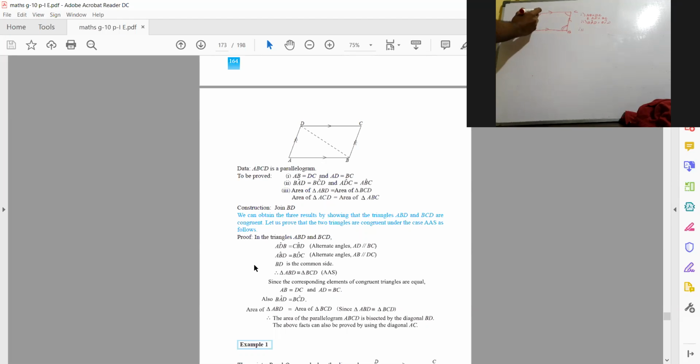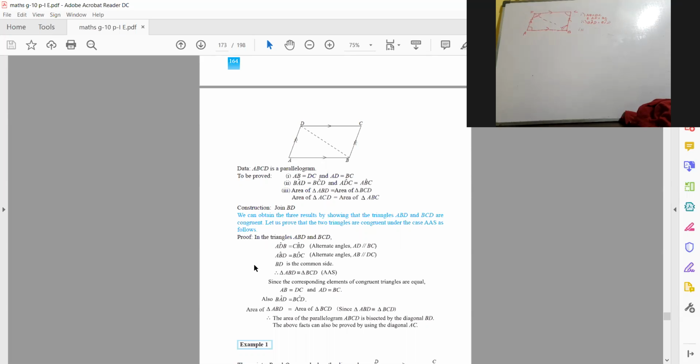Now I'm going to construct the diagonal BD to show the third property, so that we prove the area of the triangle ABD is equal to the area of the triangle BCD.